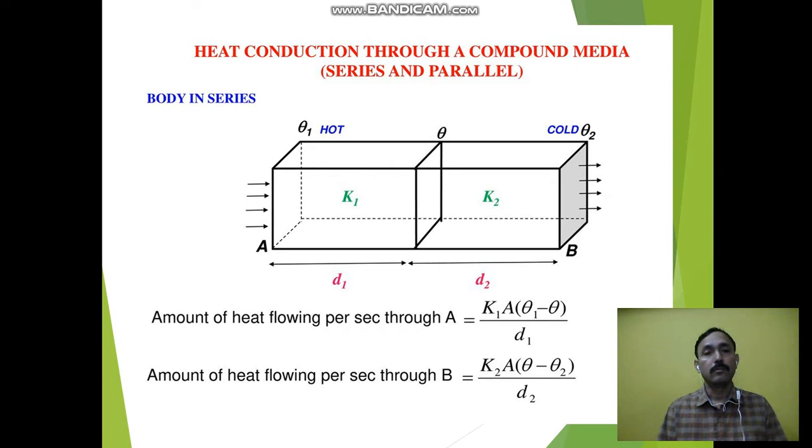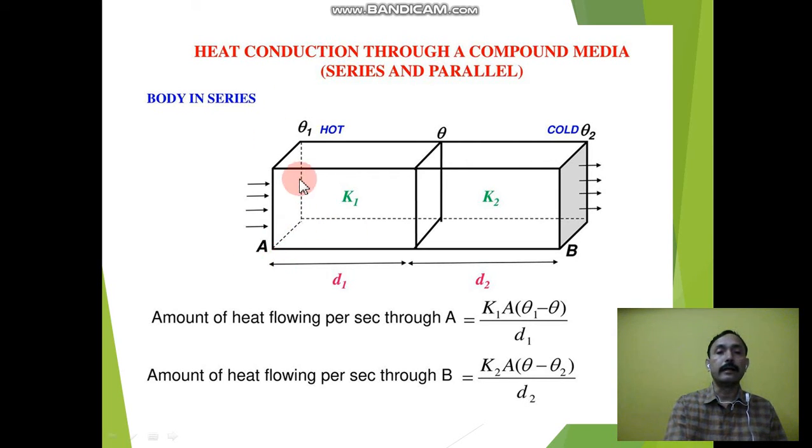Now we will discuss when two bodies are in series, what will be the equivalent conductivity. Let us consider two bodies having equal cross-sectional area A, and their conductivities are K1 and K2.